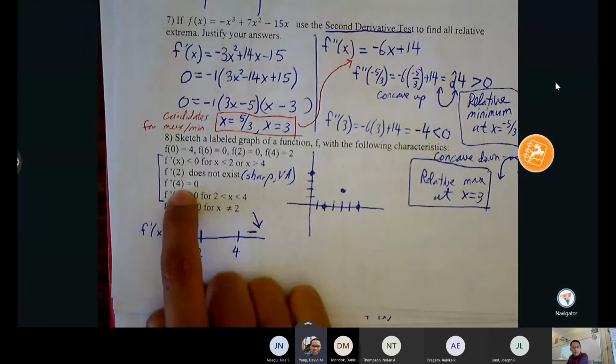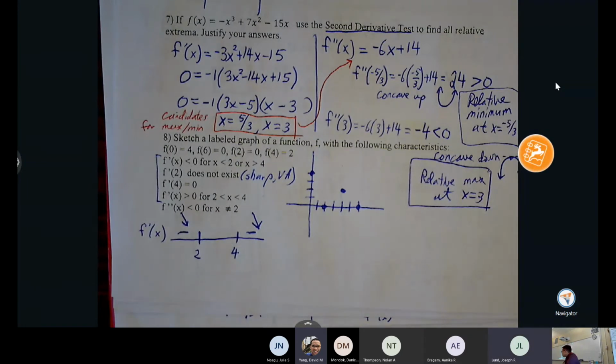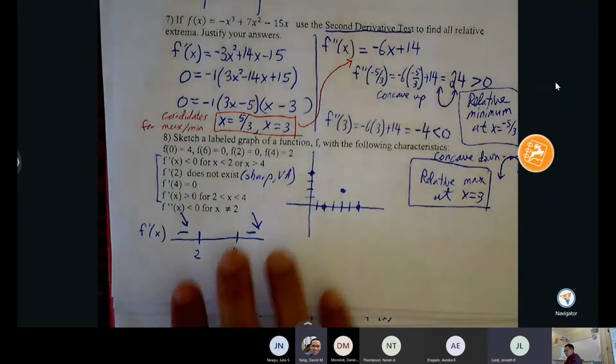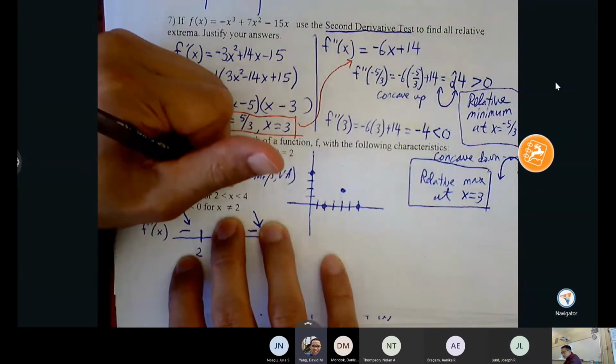Okay, what does this next statement mean? F prime of 4 is equal to 0. Would that mean that at the x value of 4, the slope is 0? Yeah, slope is 0 at 4.